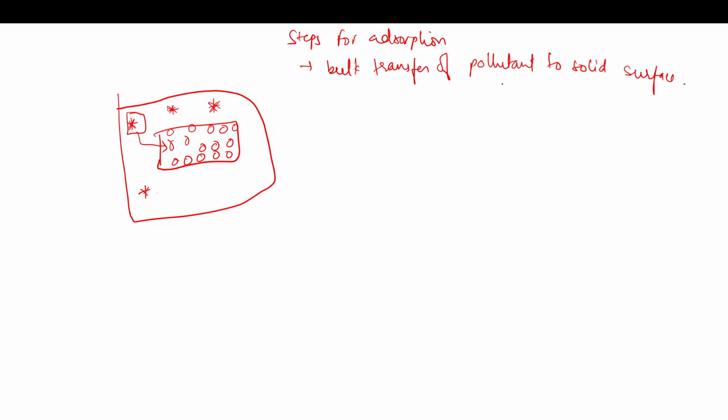is the first step. Once it comes near the solid surface, there can be pores and it has to reach the active sites, because through the pores it can also go deeper inside. So, internal diffusion.